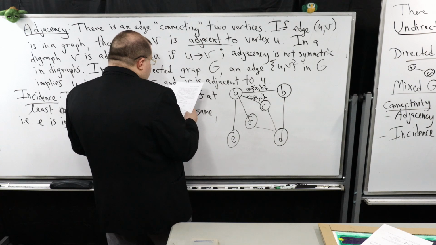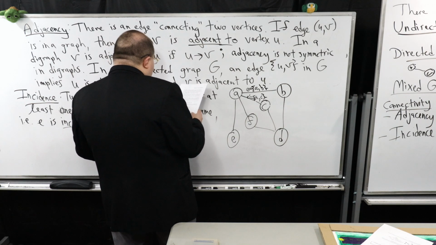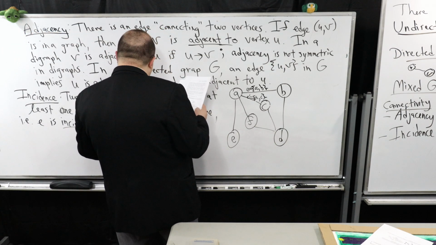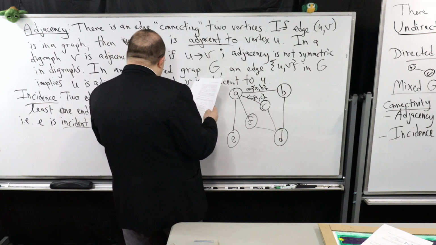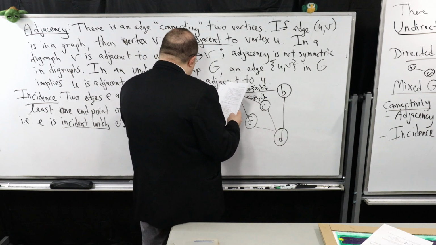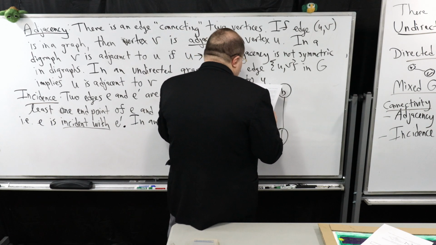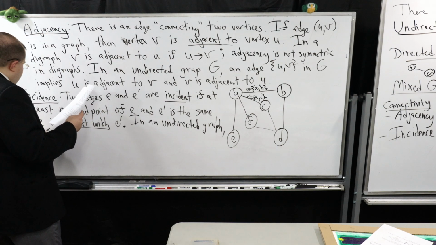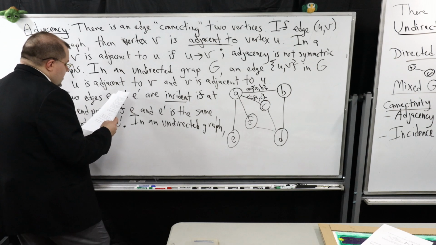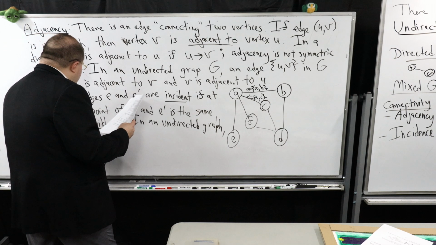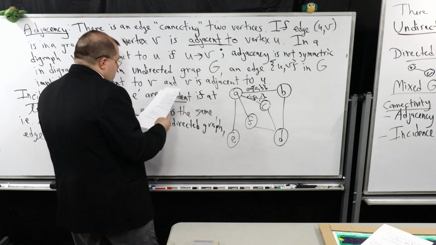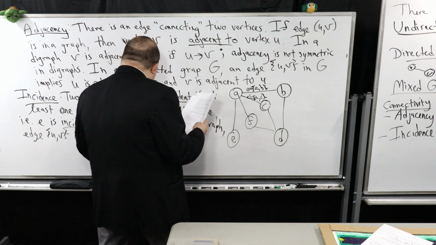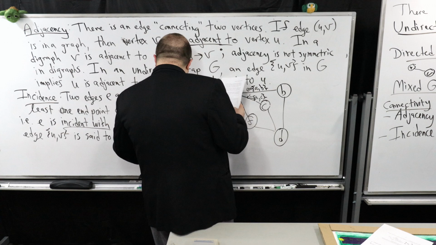Another notion is the idea of talking about an edge in relation to a vertex. In an undirected graph, edge UV is said to be incident on vertices U and V. Notice the relationship I'm saying, incident on versus incident with.